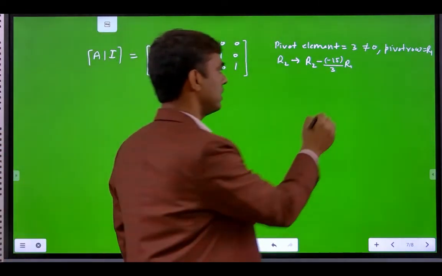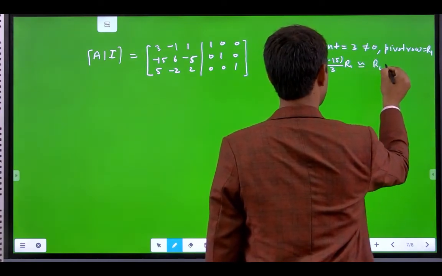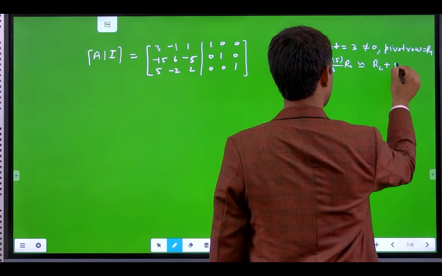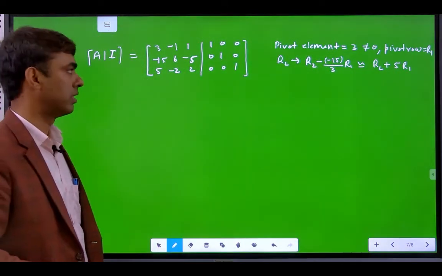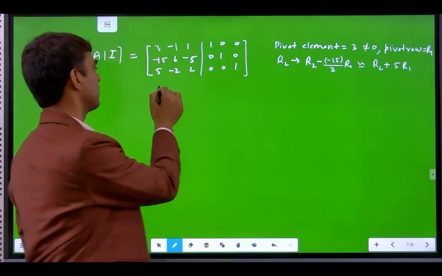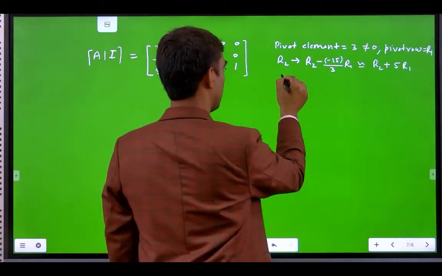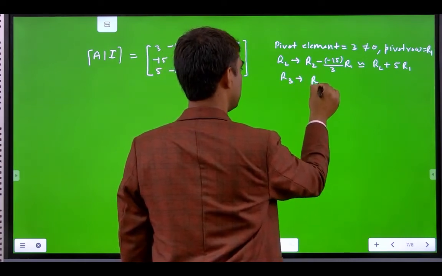You may also say this is equivalent to R2 plus 5R1.